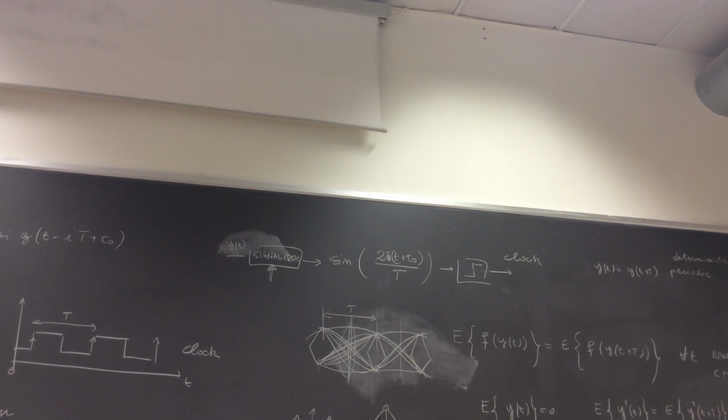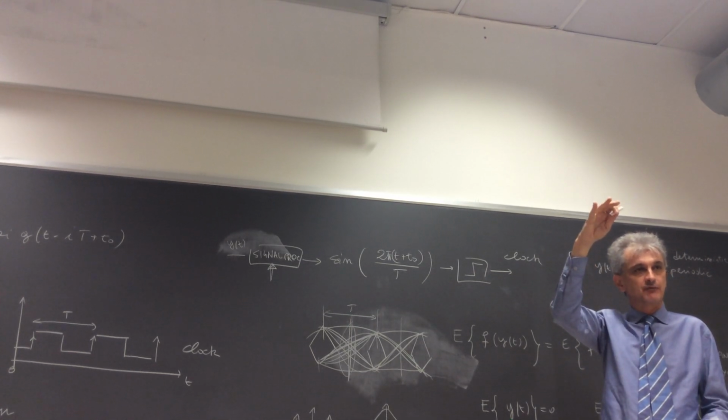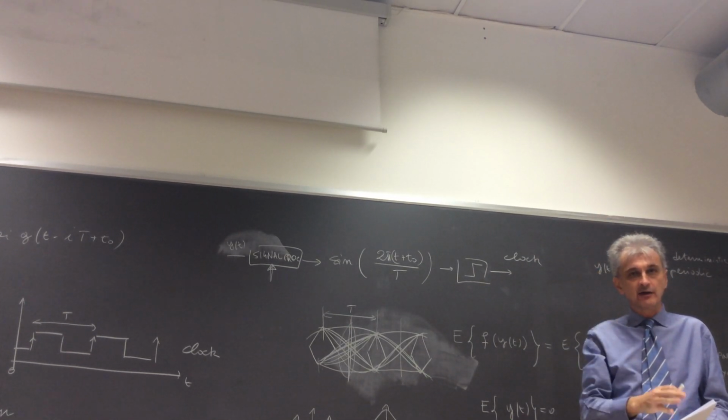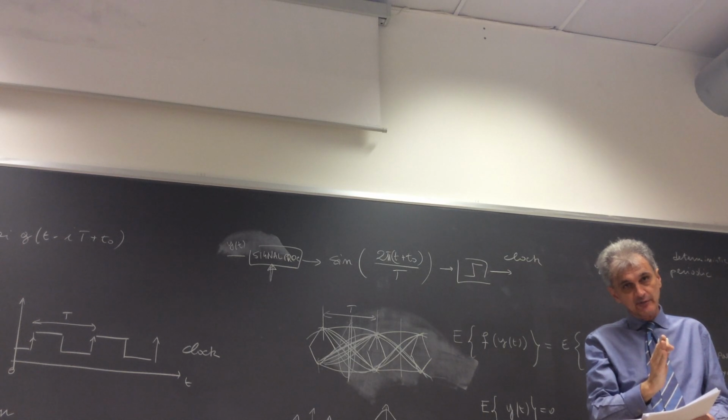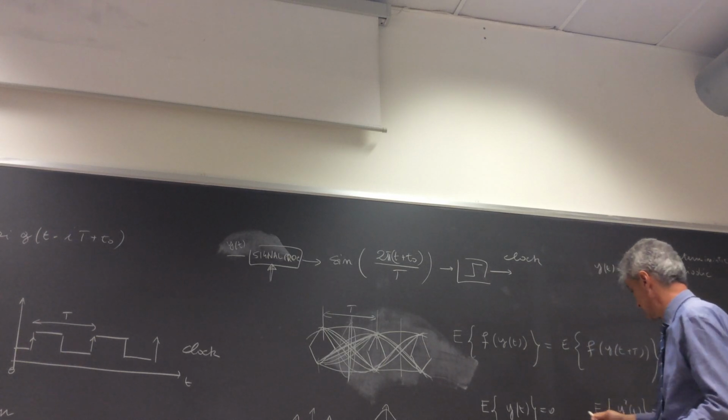Consider a baseband signal, a real signal. Don't care about the complex signal. Consider a baseband signal. For sure, we will have this. If we compute the power, computing the power in this way means we consider a large set of realizations of y, and then we look at one time instant, compute the square for each one of the realizations and make the average.